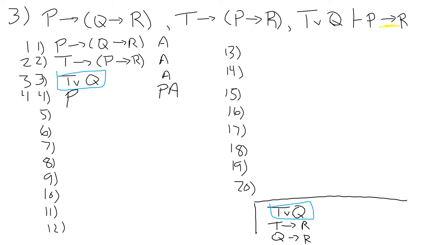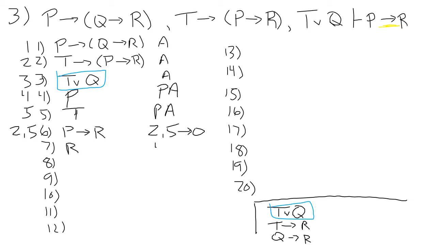We need to get our two conditional statements, so we'll start by assuming T as a PA, and we'll look to get to R. So with T, we can get P arrow R from 2 and 5, arrow out, 2 and 5. Then we can toss the P into this one, and we can get R. So from 4 and 6, arrow out.